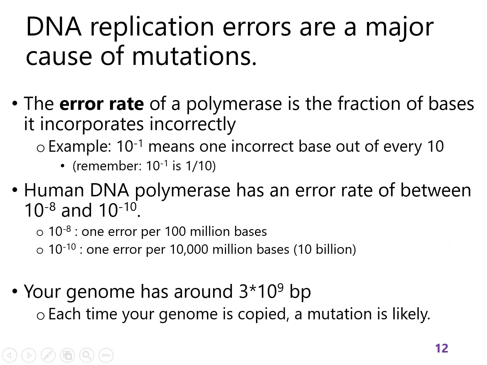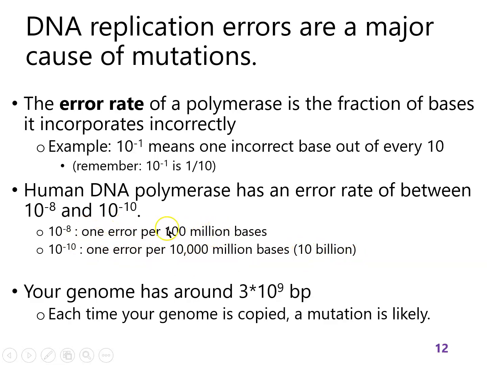We can do some math here, and we can compare how big your genome is. How many base pairs? Well, it's about 3 billion base pairs long. And you make somewhere between 1 error per 100 million bases or 1 per 10 billion.